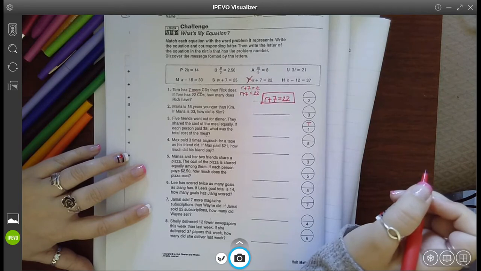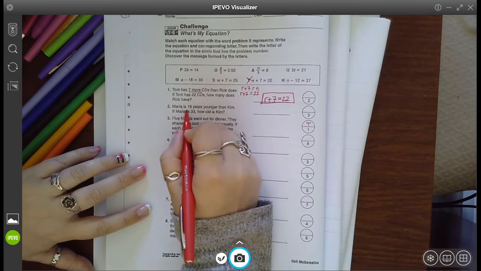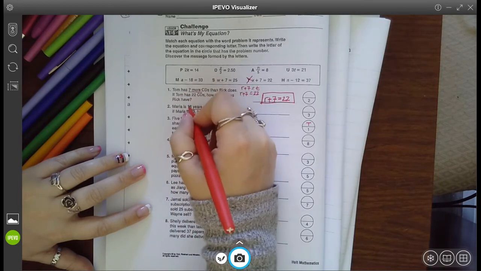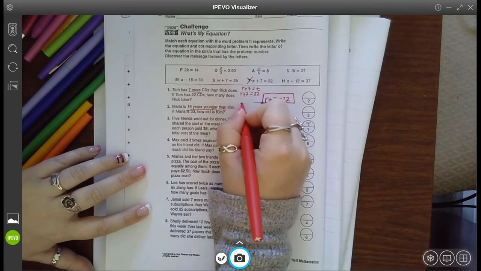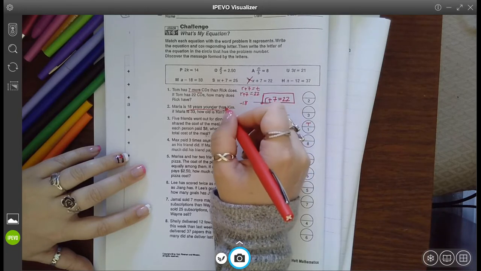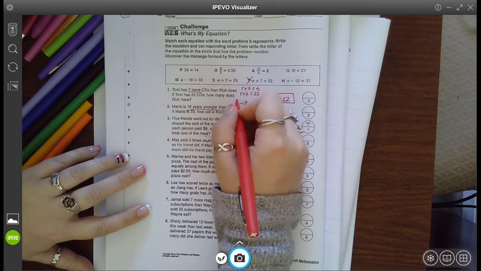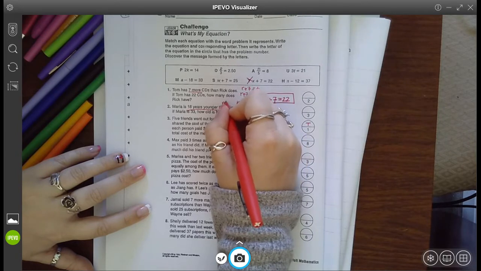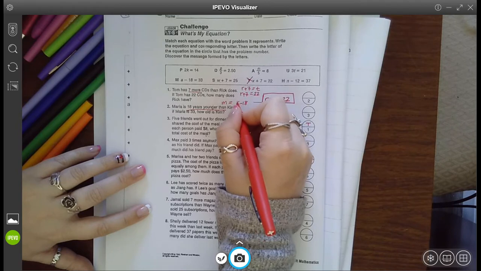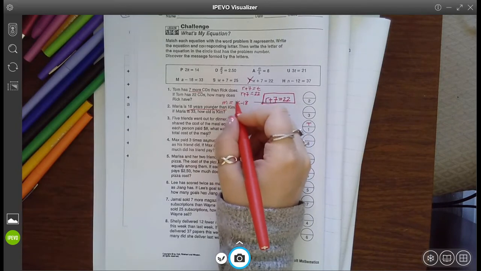All right, the next one says Maria is 18 years younger than Kim. So younger than, I'm going to subtract 18. And I'm subtracting 18 from what? Kim, right? Because it says Maria is 18 years younger than who? Kim. And then which variable did they tell me to replace?